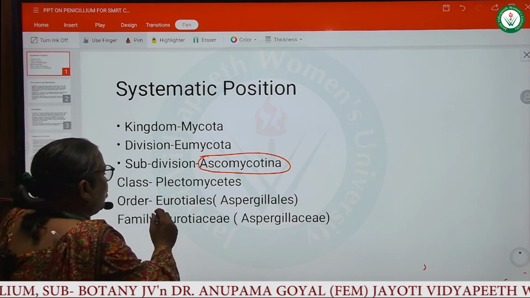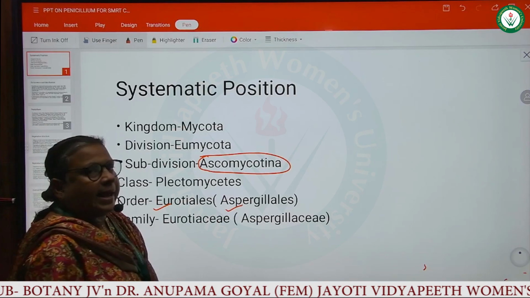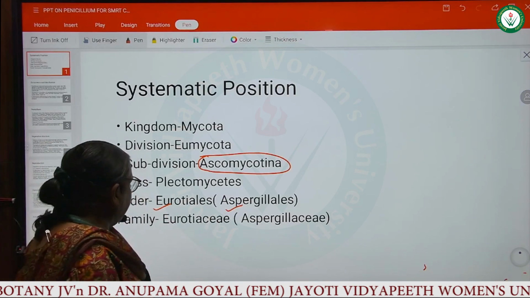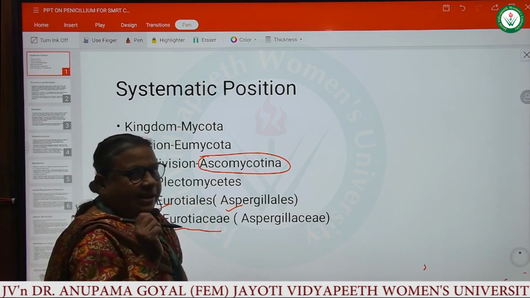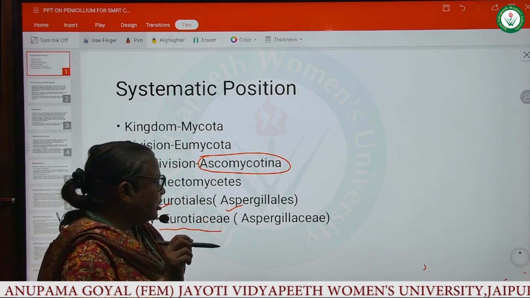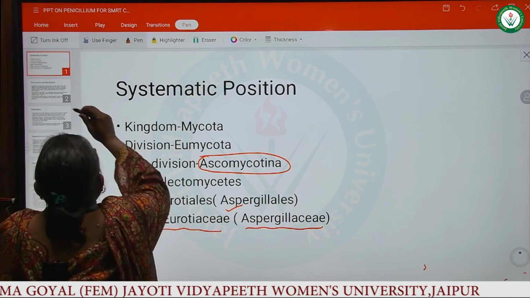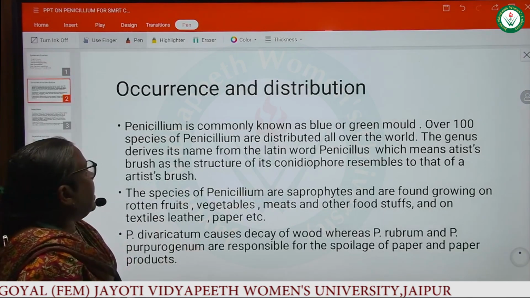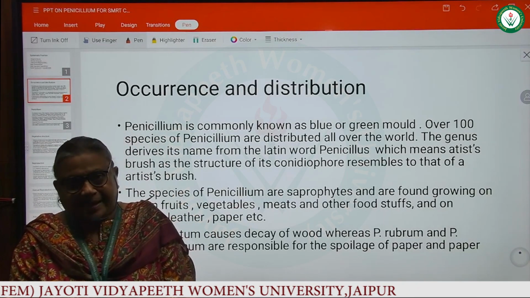Order Uroshiales, also called Aspergillales. And now the family is Uroshiaceae, also known as Aspergillaceae.